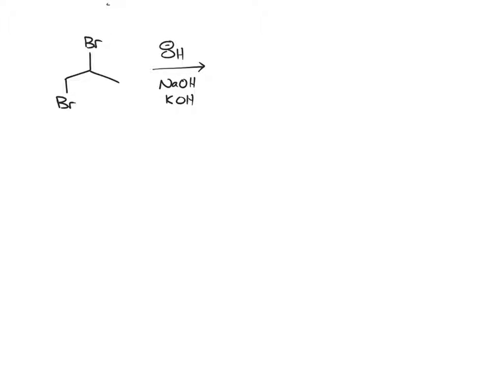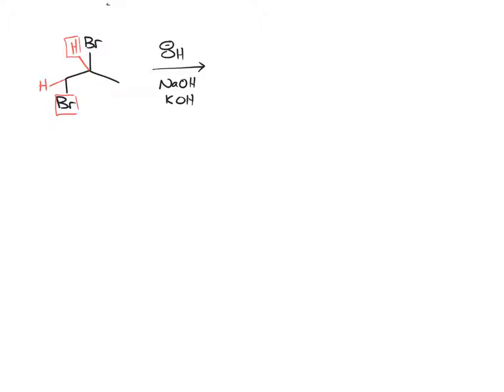So what I can do is I'm going to go ahead and draw in a hydrogen on this carbon and a hydrogen on this carbon. Okay, so first, it doesn't matter which one you do first. Let's go ahead and eliminate across the bond this hydrogen and this bromine.